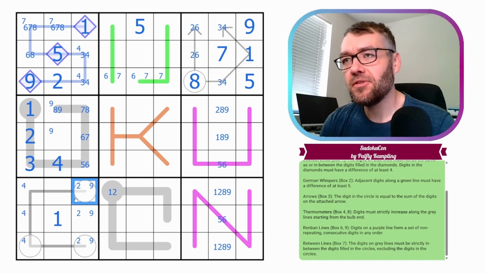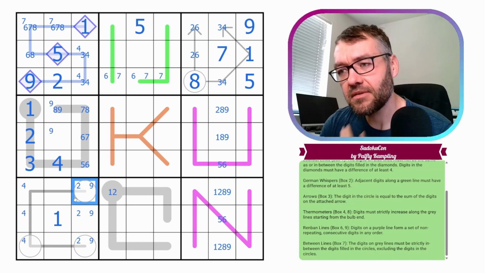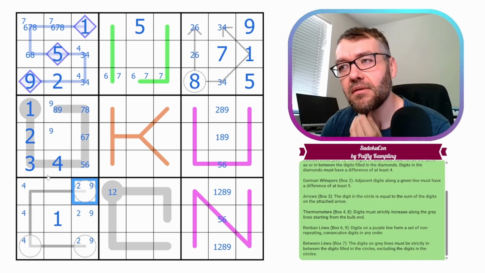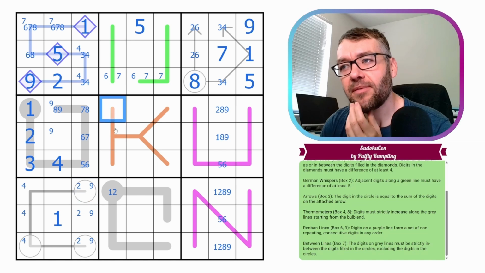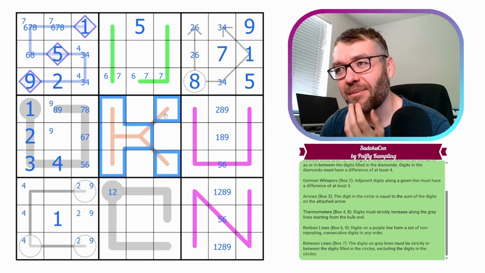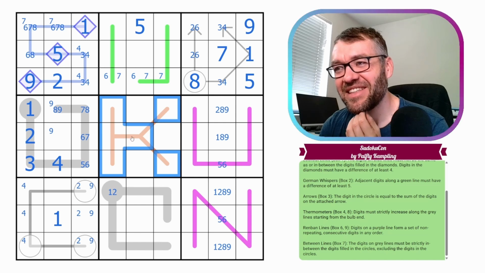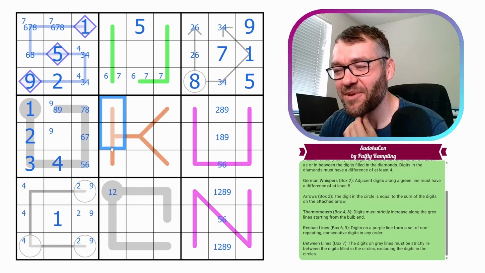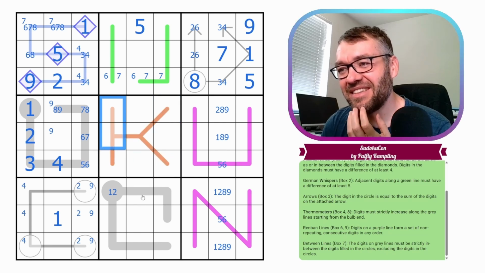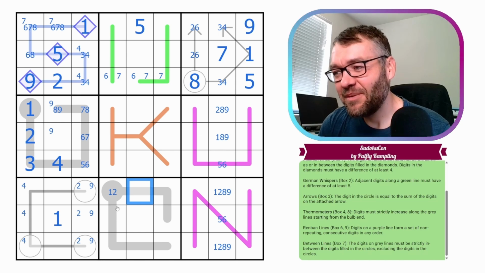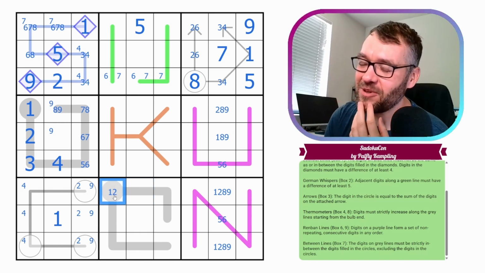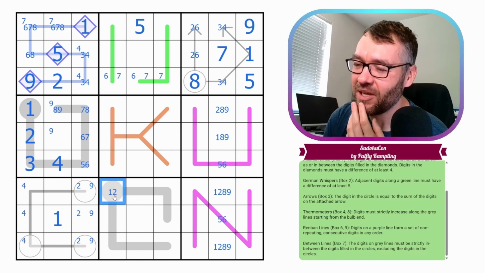Yeah, I think I may be focusing on the wrong box. I'm just not seeing how this is limiting anything. It's probably going to have something to do with this entropic line here, and I'm just ignoring it entirely, just because I feel like this isn't that limiting, but I could be wrong about that. Maybe it's something to do with this thermo down here. This one seems wide open too, though.